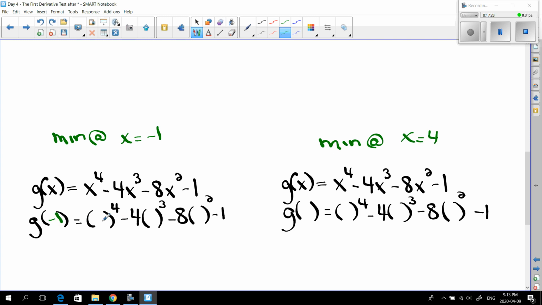Anytime you want to know the height at a given x value, you simply plug it back into the original equation. And when I work these out, let's see what I get.